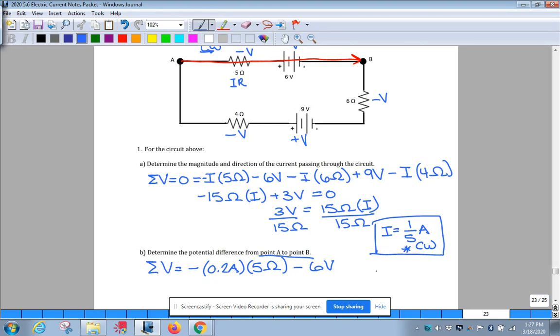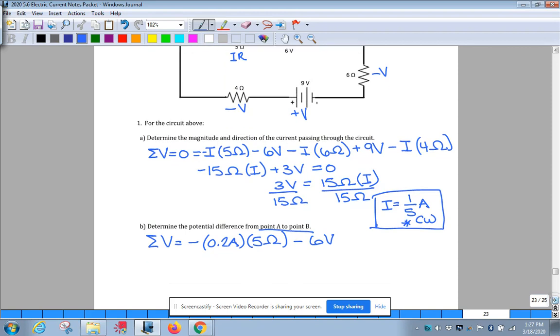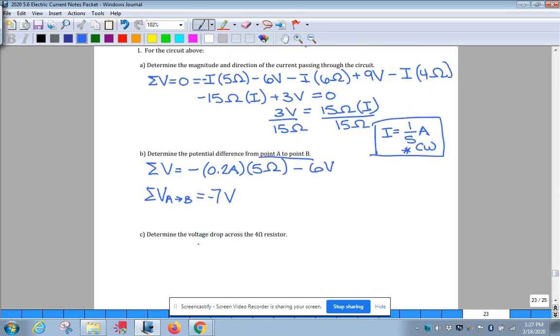And we're going to get total voltage. And writing from points A to B, it's going to be negative 7V. Okay? All right, and then the final thing, determine the voltage drop over the 4 ohm resistor.